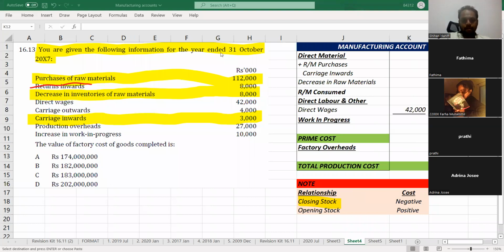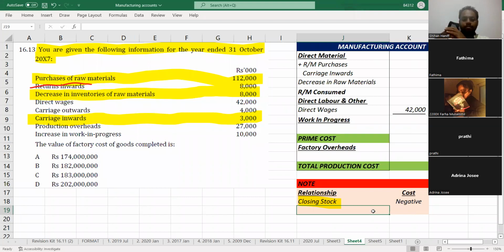So can you explain the relationship? Yes, the relationship is, forget about closing stock, it won't come. Basically, closing stock, opening stock won't come. If the stock increases, the cost will reduce.